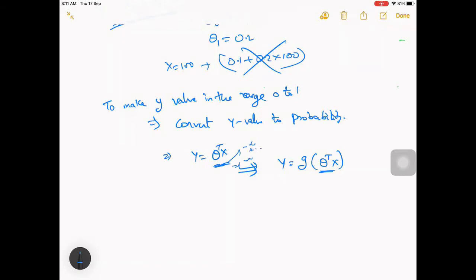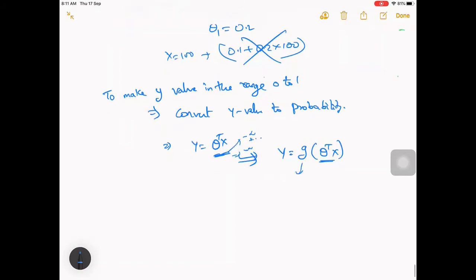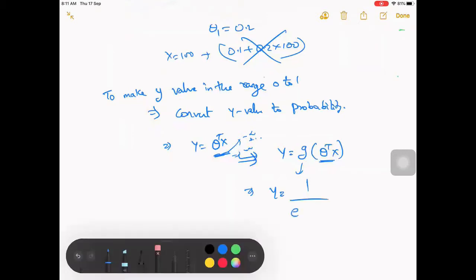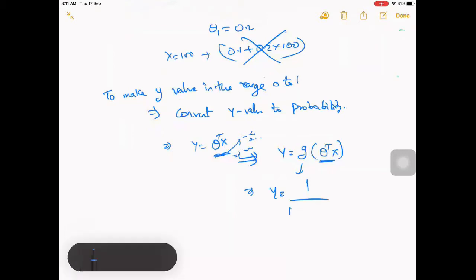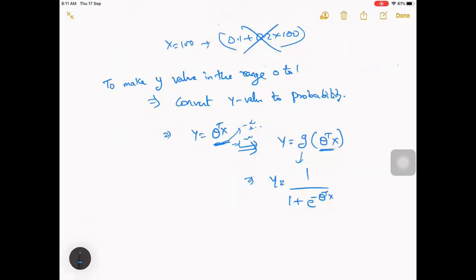We have to get it that way. So the value will be 1 by 1 plus e power minus theta transpose x. This is what we finally use for y instead of directly using theta transpose x.